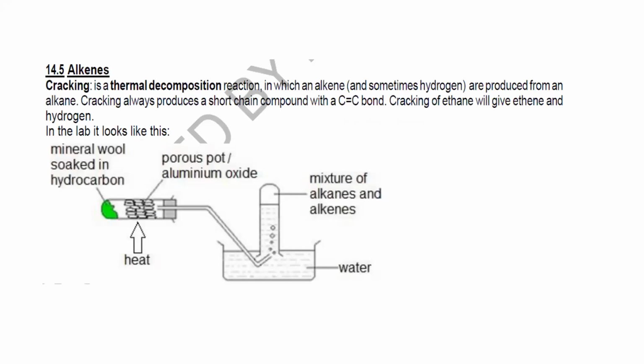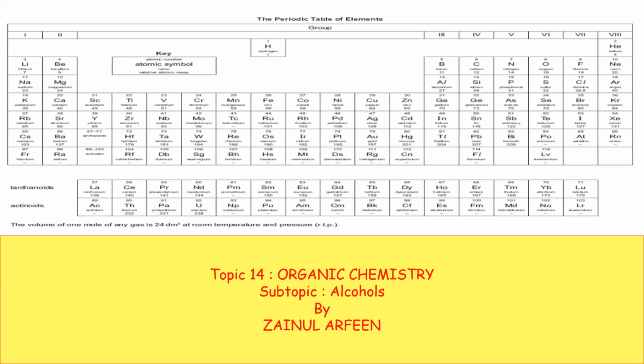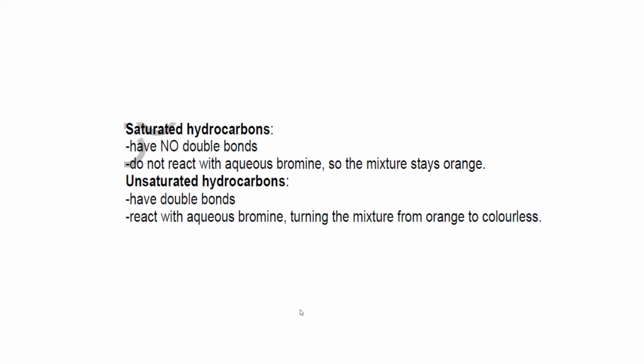So this was about alkenes and how to draw their isomers, as we discussed already. In the last session we discussed this. So if you want to draw an isomer of an alkene, what do we do?